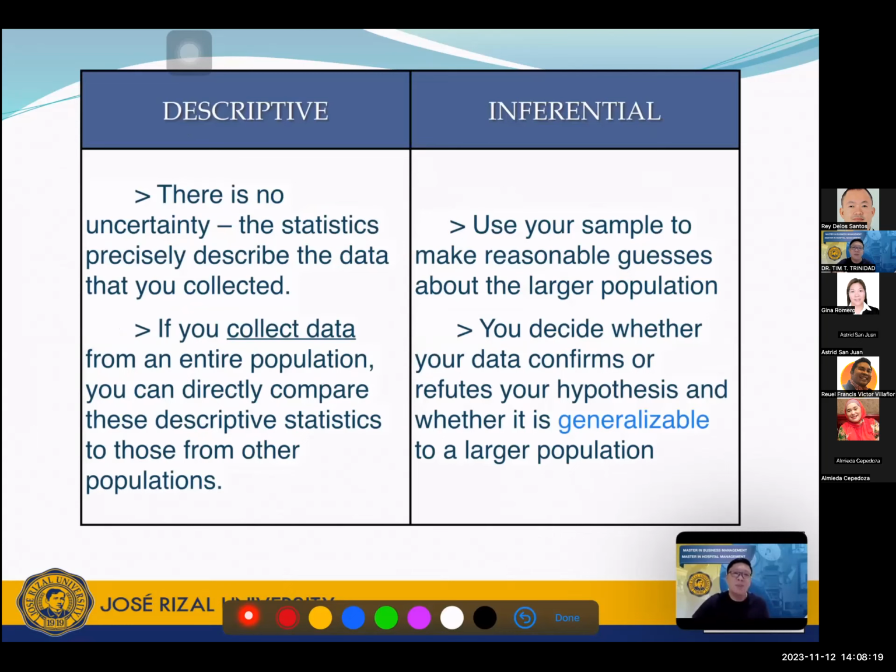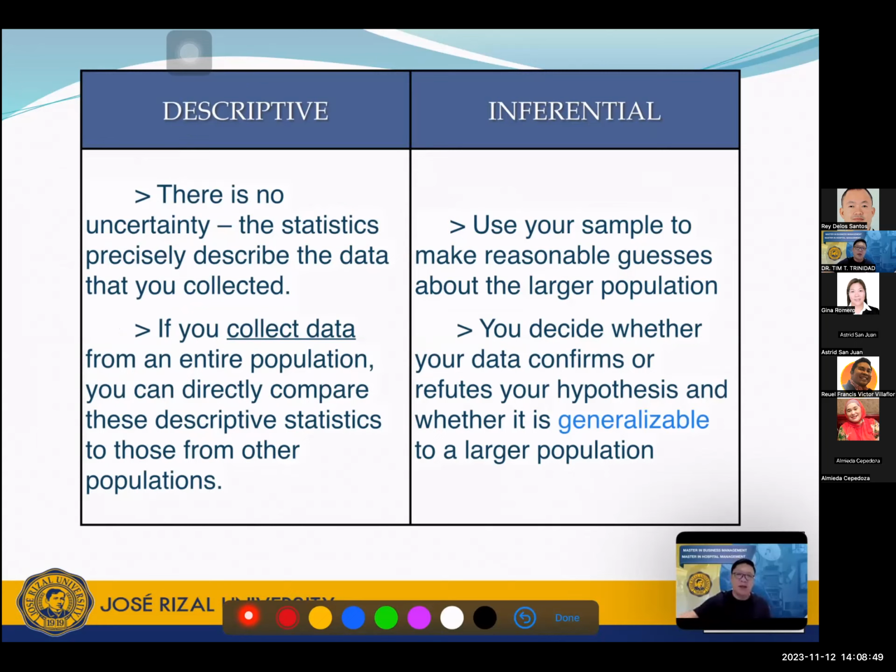So in descriptive statistics, there is no uncertainty. Ibig sabihin, kung ano yung sinabi ko, I will not challenge you anymore. Hindi na kita tatanungin, yung bang hemoglobin level ninyo sa class ninyo can also be generalized with other classes, that we can safely say that the normal hemoglobin level of masteral students in JNU is like this.